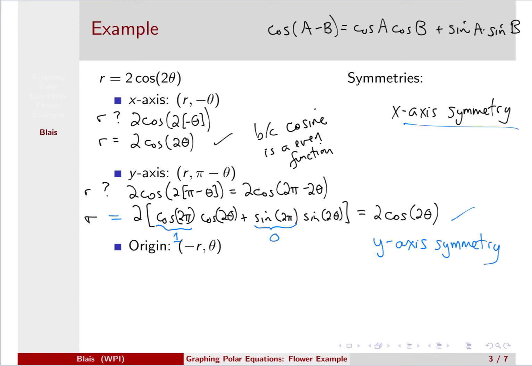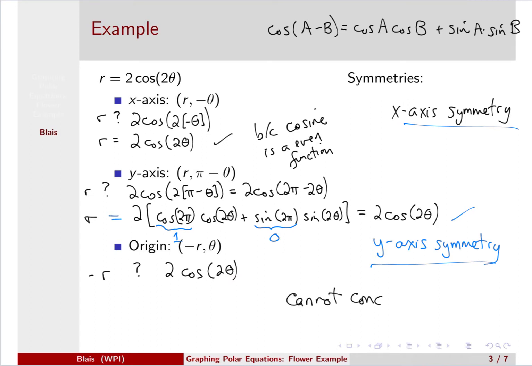So we've detected 2 symmetries, which is quite helpful. If we tried to detect symmetry about the origin, we're checking minus r and replacing theta with theta. In that case, we cannot conclude origin symmetry because we would need to recover the original equation, r equals 2 cosine 2 theta, so we cannot conclude.